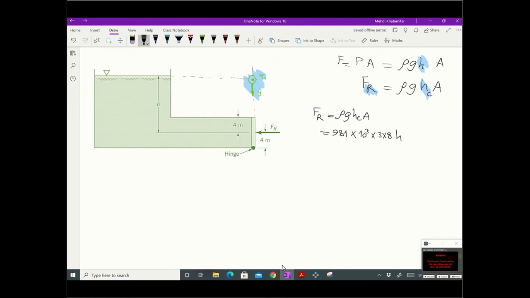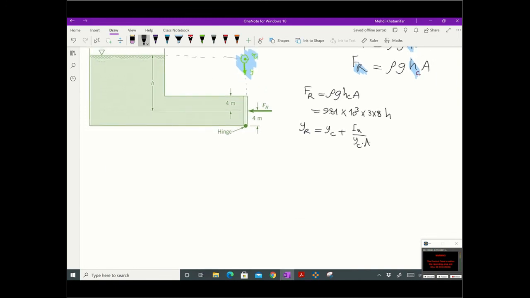Great. Now I need to find the position yr, which is yc plus Ix divided by yc times area. Because the y-axis is the same as h, yc is going to be the same as hc, which here they called h. So I'm going to write h plus Ix divided by h times area.